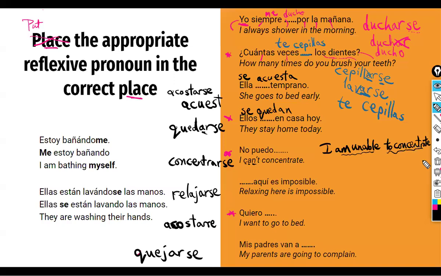And when we have two verbs coming back to back and it's the same subject, one of them stays in the infinitive, right? Because to concentrate, to walk, to stand, to stay, to go to bed, to brush one's teeth, to shower, all of that is infinitive. Once I'm saying to do the thing, that is the infinitive form, which means it stays as the AR or the ER or the IR ending, right? So no puedo concentrar. And then you have to tell me the pronoun. That is what will change. The verb will not be conjugated.